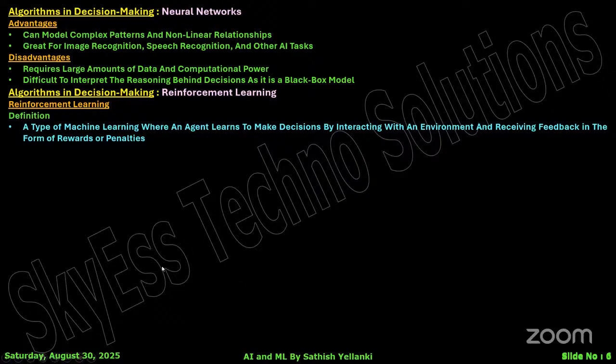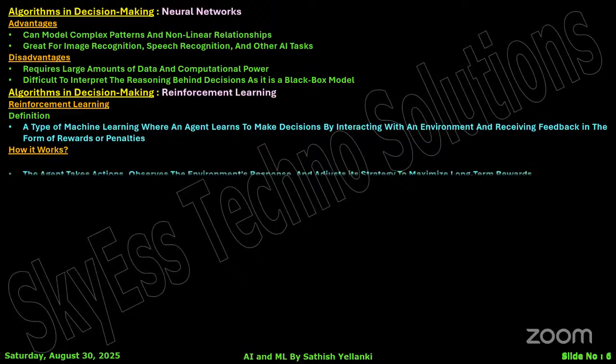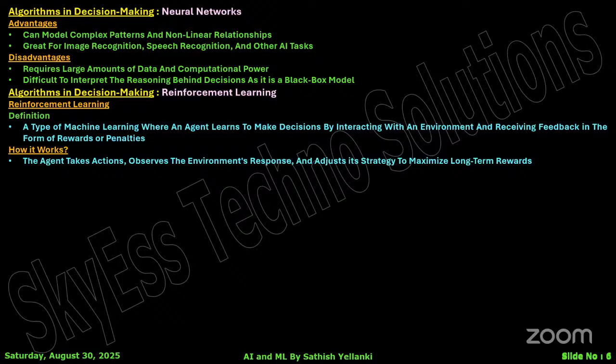So how exactly will reinforcement learning work? The agent will take actions, observe the environment's response, and then adjust its strategy to maximize long-term rewards. So here, building an intelligent agent is very important or not?